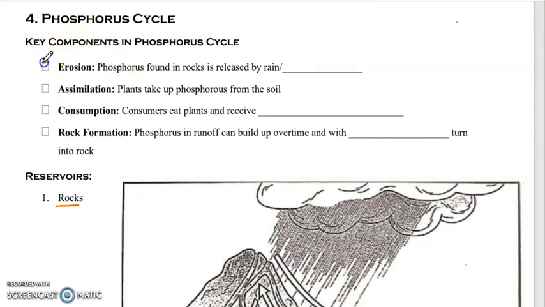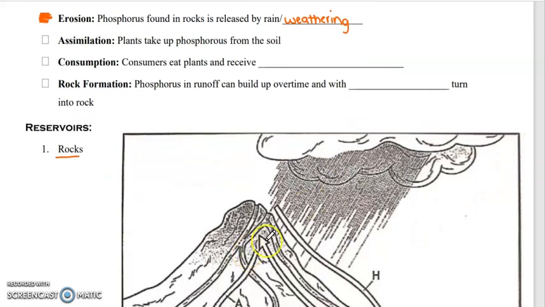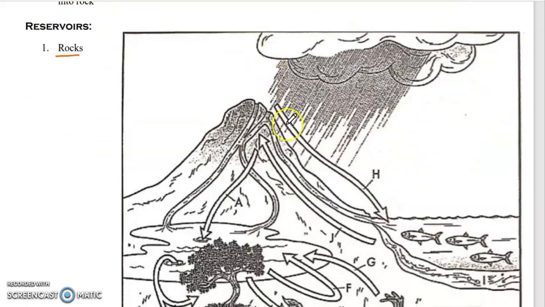And so that is the process of erosion. Phosphorus that is found in rocks is going to be released by rain and weathering. So as the rain is falling on the rock, it is slowly breaking it down into sediments, and some of those sediments would include phosphorus.